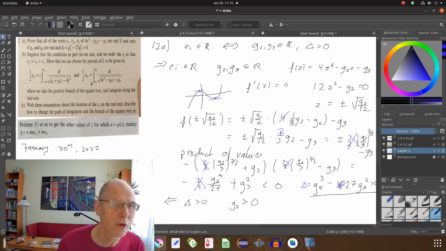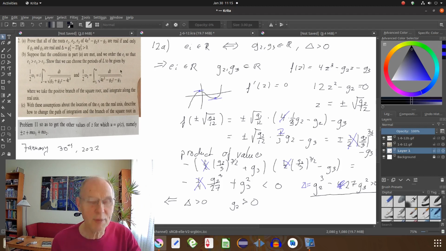minus, we have that from problem 11, it will give minus a stationary point of the Weierstrass P function. And of course, since this is real, it will give a real point.